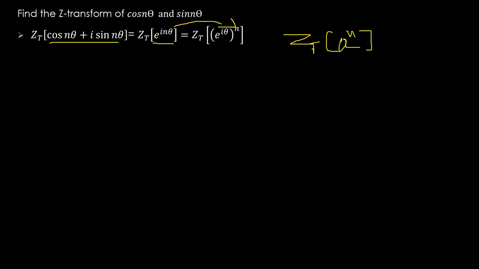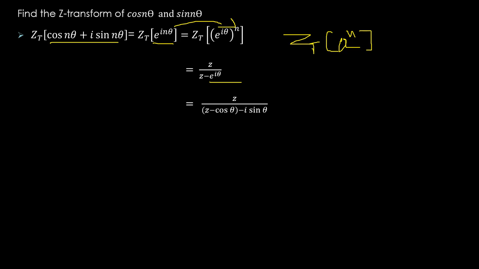So Z transform of (e power i theta) whole power n is z divided by z minus e power i theta. What is your e power i theta? It is nothing but cos theta plus i sin theta. By substituting, you will get z divided by z minus cos theta minus i sin theta.